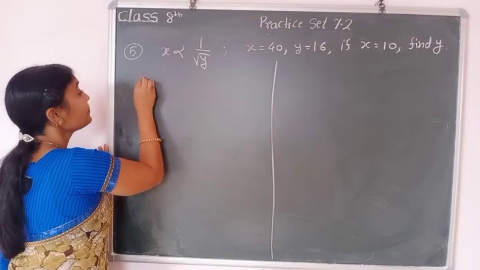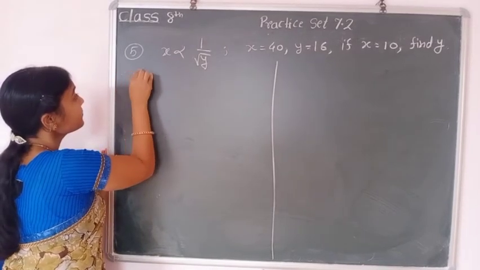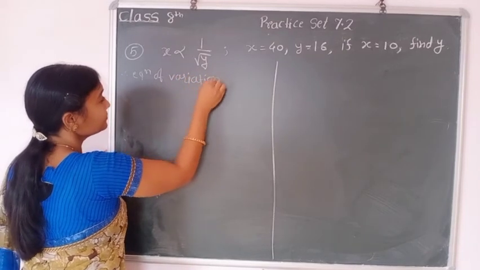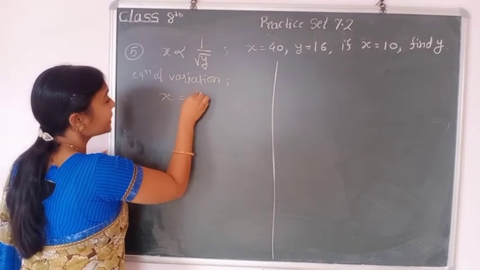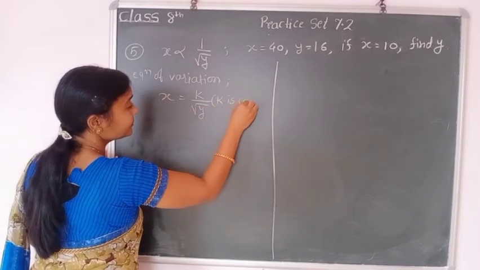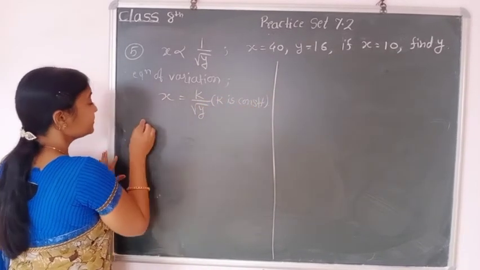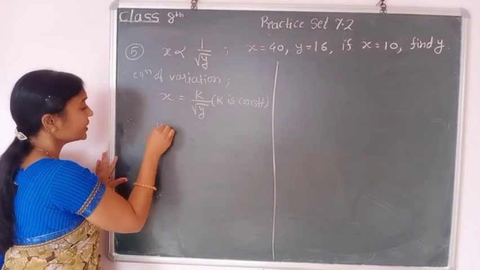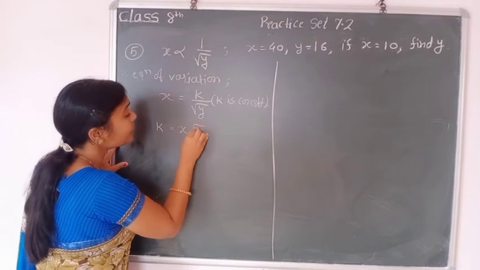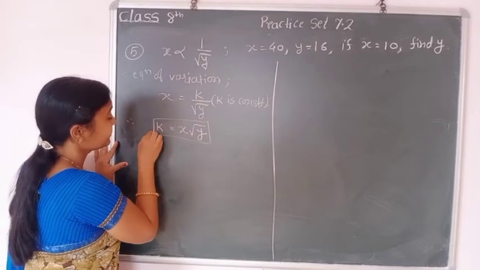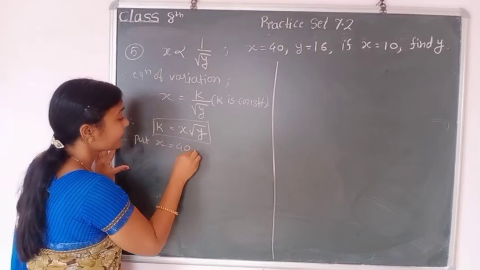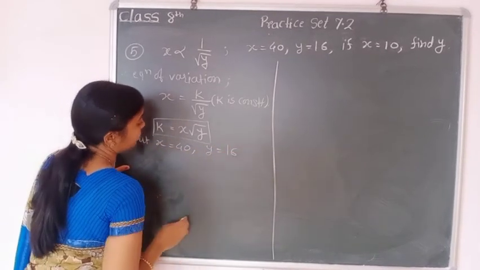So we write down the equation of variation: x equal to k by root y, where k is constant. Therefore the equation of variation is k is equal to x root y. Now put x equal to 40 and y is equal to 16.